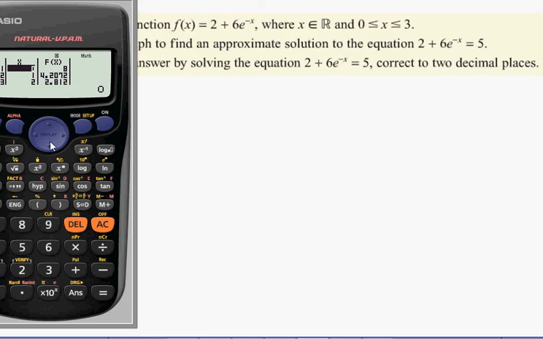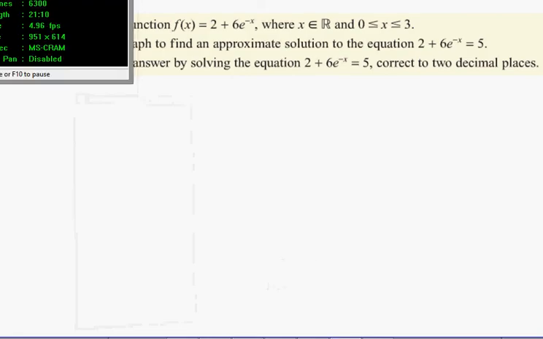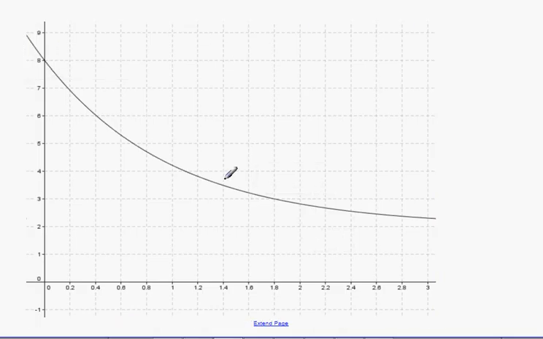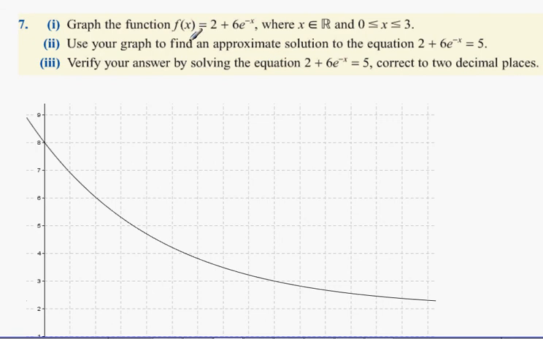Okay, and we can see that it's decreasing from 8 down to 2.2. Now, what you're going to be asked to do is that this graph here is a decay function. It's getting smaller over time. Now, it goes, graph this function, it's done.